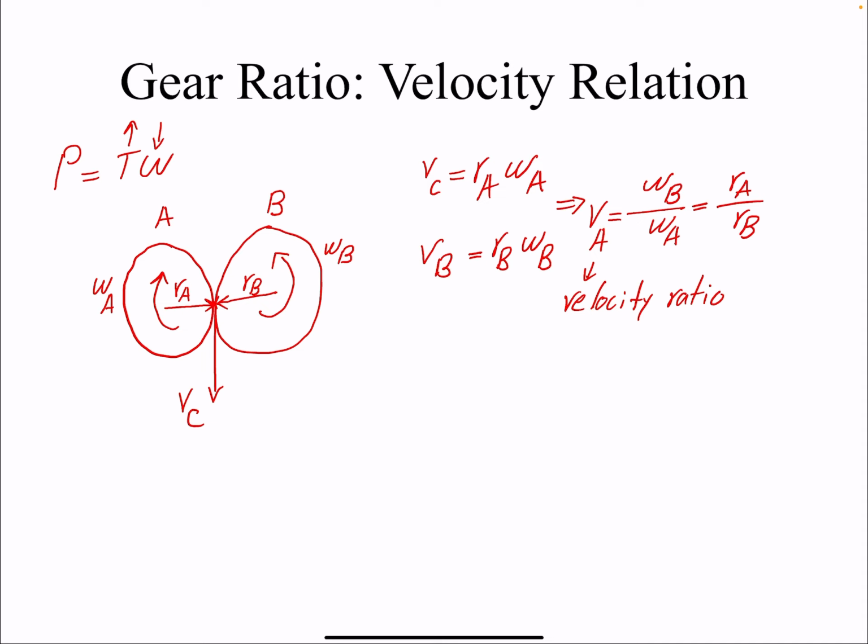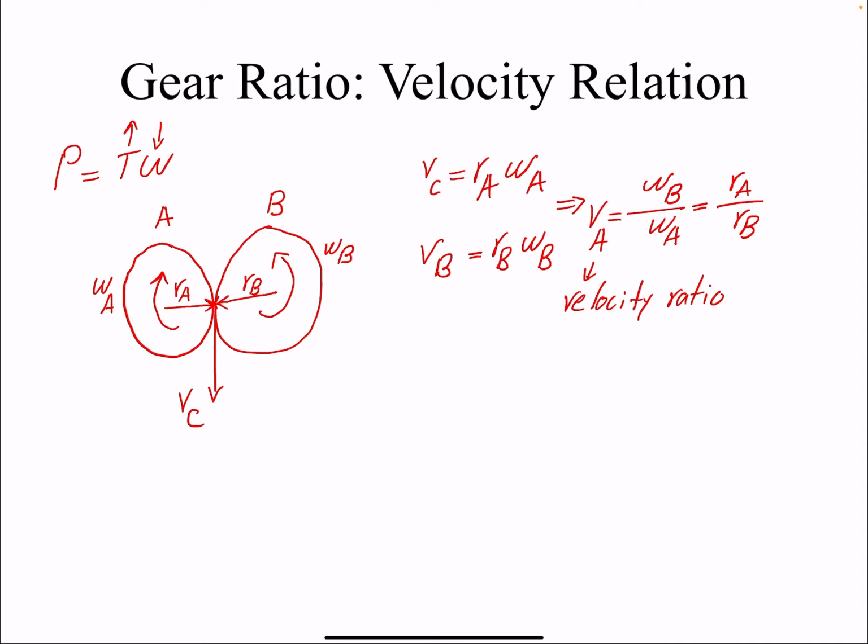If I'm going from a small gear, gear A, to a larger gear, gear B, so if RB is higher, you can see that the higher value would be in the denominator. So this fraction is less than 1. That means that the speed is reducing. And when we have a reduction in speed, we have an increase in torque. So the smaller gear always rotates faster, and that's something that you need to remember.